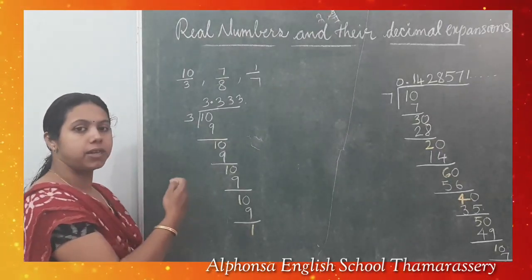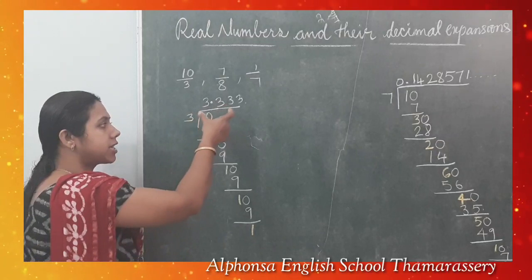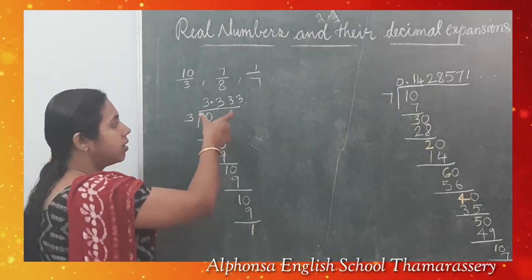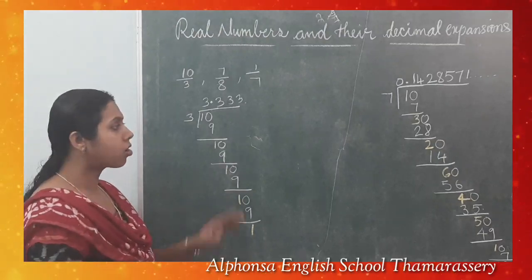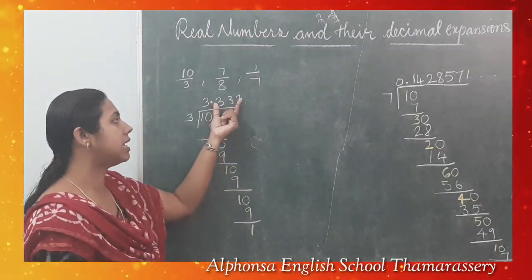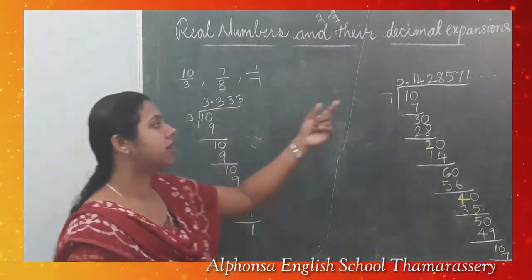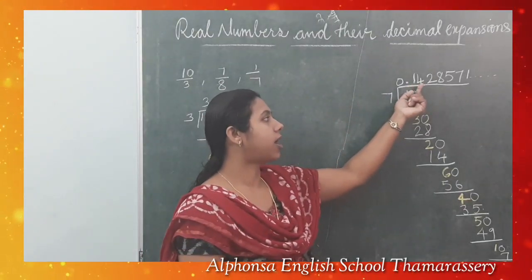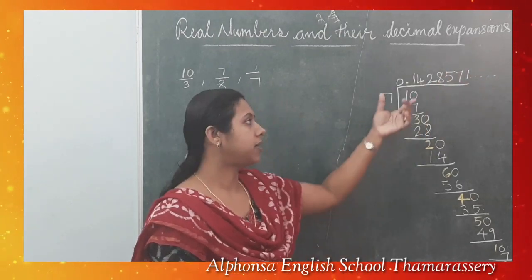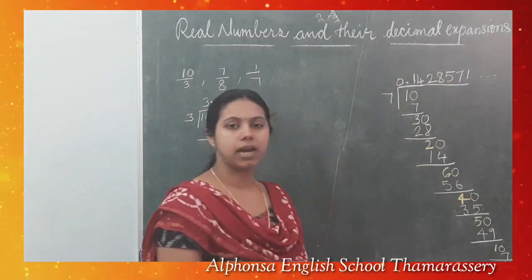At the same time, we can say that the decimal expansions of these numbers are repeating. The block of digits is repeating in the quotient. Here 3 is repeating. Here 1, 4, 2, 8, 5, 7, etc. That means the block of digits is repeating.